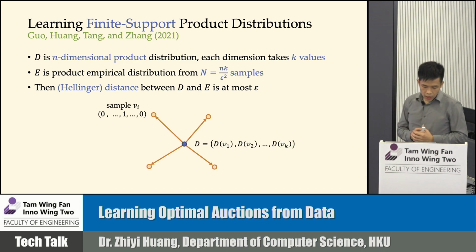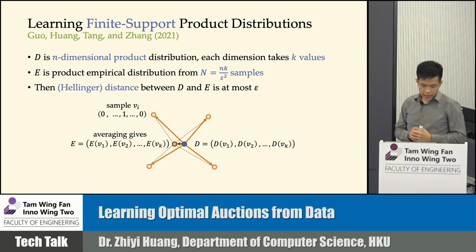Let me skip this and turn to the next slide, because in this slide we only talk about finite support distributions. When I started, bidders can submit any bid that they like, so it's not actually a finite support distribution. It would be nice to get rid of this.